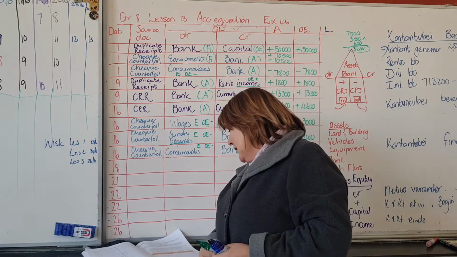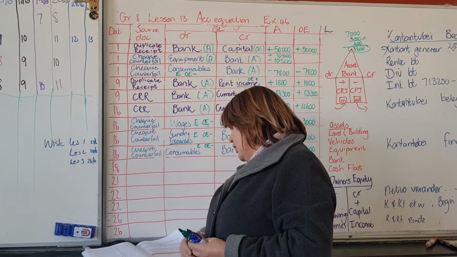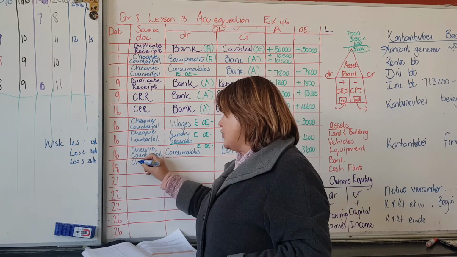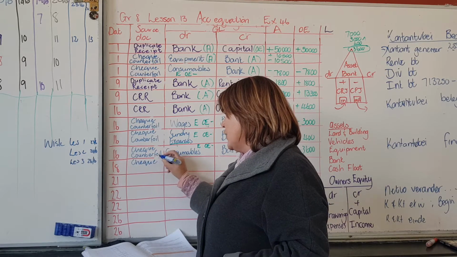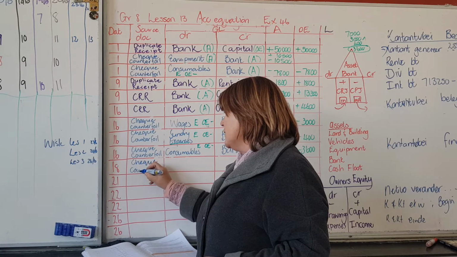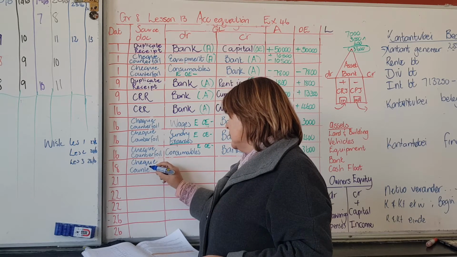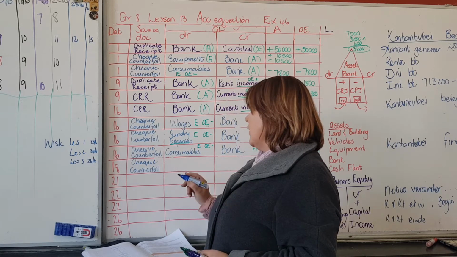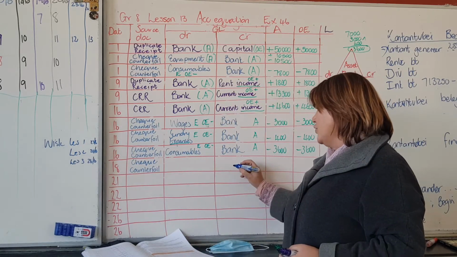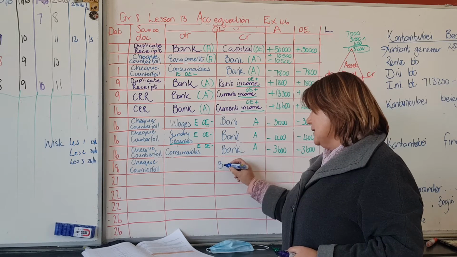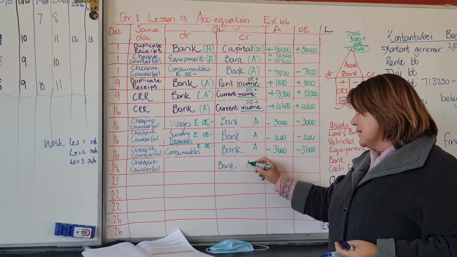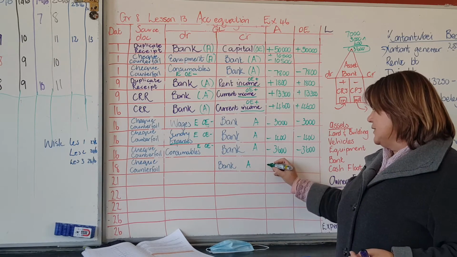Then on the 18th, it says, issue a check to the municipality. So you made a payment with a check. So you've got the check counterfoil. So what happened? Your bank is going to decrease, and your bank is an asset. So your asset's going to decrease.